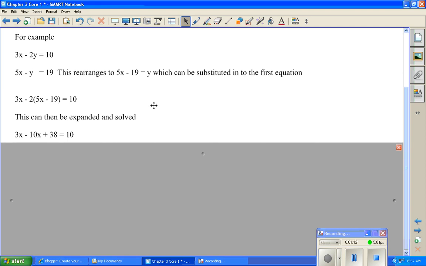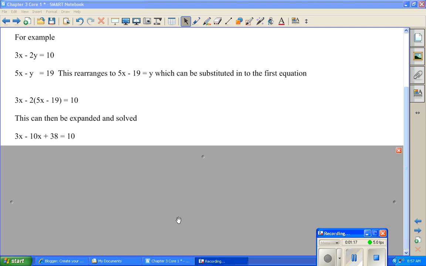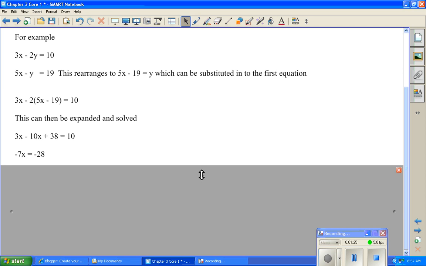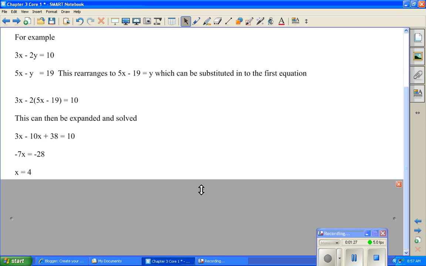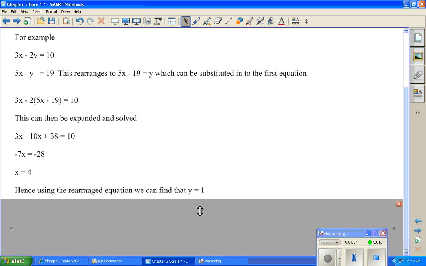Okay, notice to get minus 10x plus 38. Now continuing on from there, we get minus 7x, take that over to the other side, minus 28, so x is 4. Taking that 4 back into this equation, 5 4s are 20, take away 19, will give y as 1.